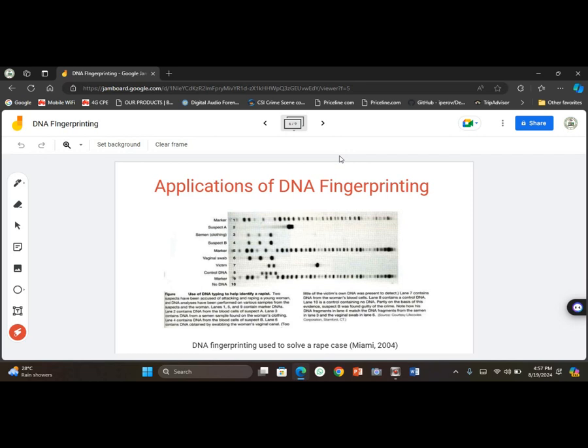So, a DNA sample from the rapist could be obtained from any part of his body. But for the victim, it can be obtained from the vaginal swab or any other semen that was released in the area.